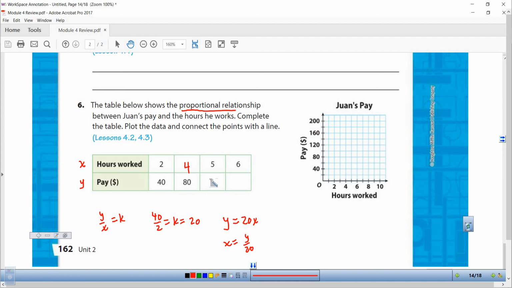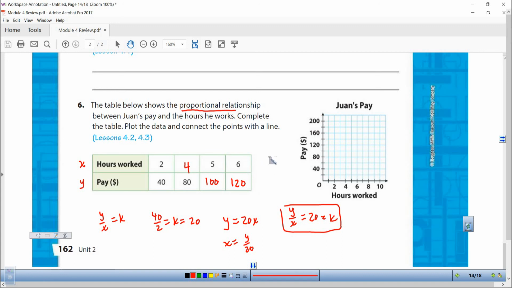Well, what's 5 times 20? That's 100. And 6 times 20 is 120. So you can see if we take any of these y's divided by x, we're going to get 20 every time. Y divided by x equals 20, and that is our constant of proportionality.